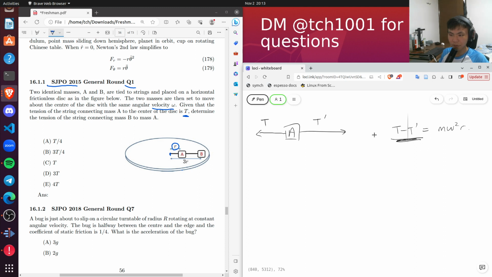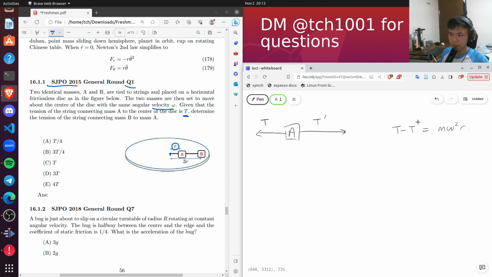The centripetal force is provided by T minus T prime, and it equals this because that's the amount required to keep A at a constant radius r, spinning at angular velocity omega. So this is our first equation.